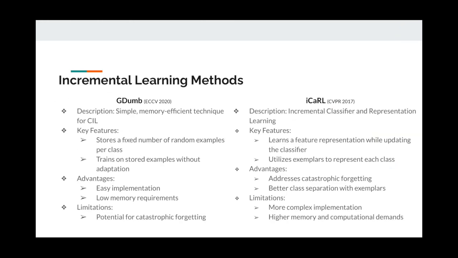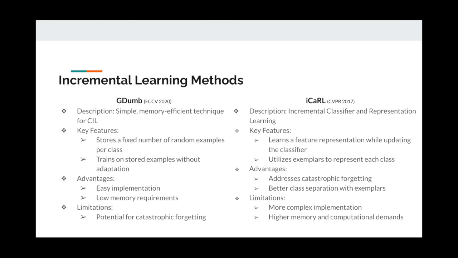For the incremental learning methods, one I used was called GDumb, a simple, memory efficient technique for class incremental learning. Its key features are that it stores a fixed number of examples per class and then trains on the stored examples without adaptation. Some advantages are that it's an easy implementation and has low memory requirements, but it has a potential for catastrophic forgetting.